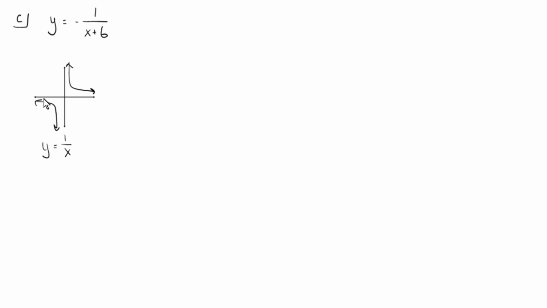The next graph here is going to be the negative sign in front of the quotient. Negative 1 over x, which means that we reflect it about the x-axis. So that means it's going to look like that.